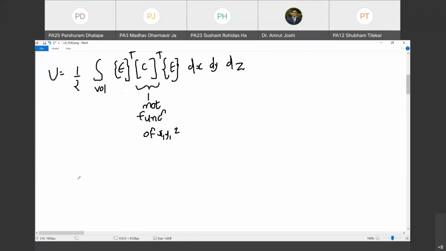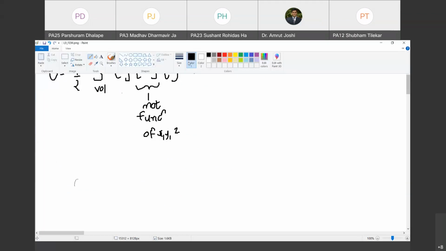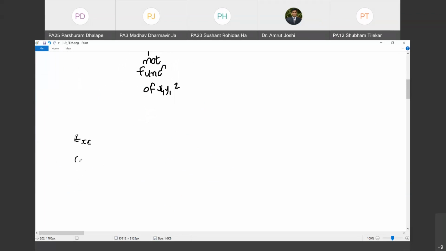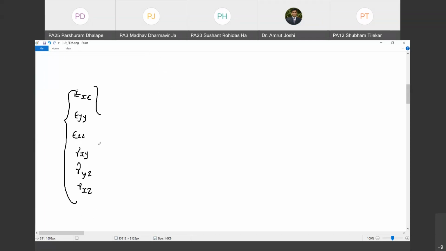I can write this strain tensor which consists of 6 independent elements: epsilon xx, epsilon yy, epsilon zz, gamma xy, gamma yz, and gamma xz. This is the strain tensor. Are you with me till this point? Please type your response in chat box, then we will go ahead.